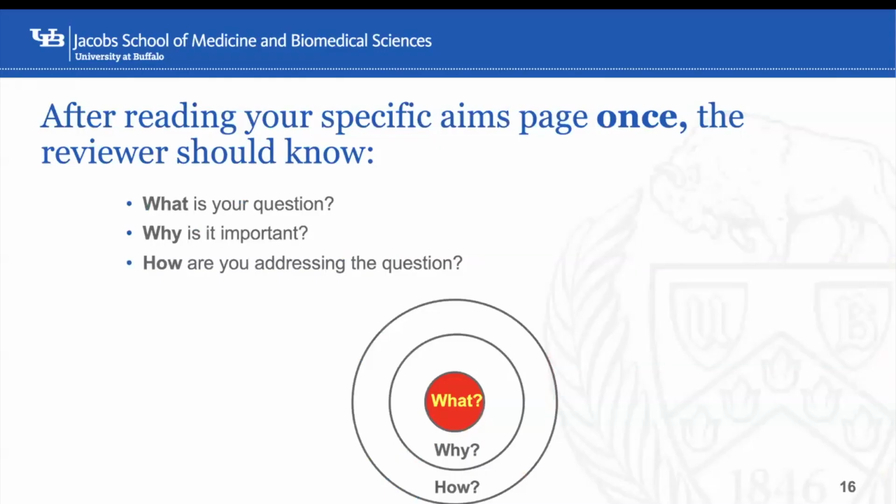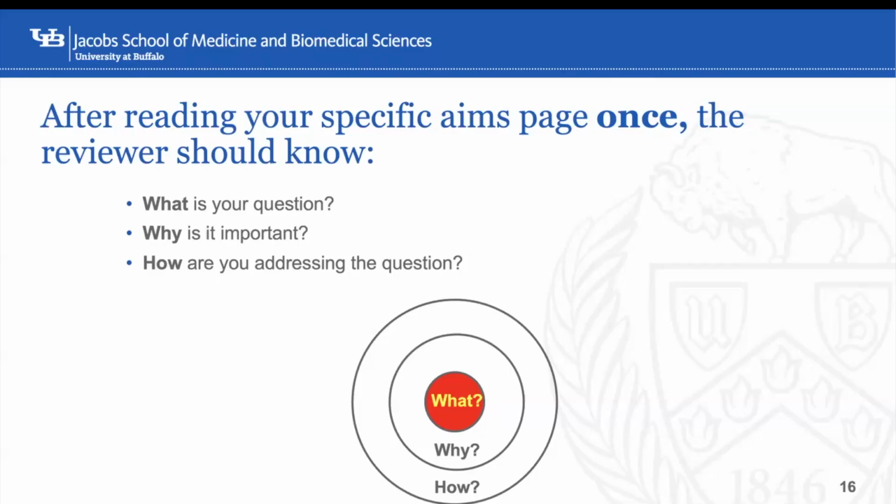So let's go back to the aims page. One of the things that I like to say is that when I read an aims page once, and I emphasize this once part, the reviewer should know what your grant is about: what is your question, what's your hypothesis, what is this about, right? Why is it important?